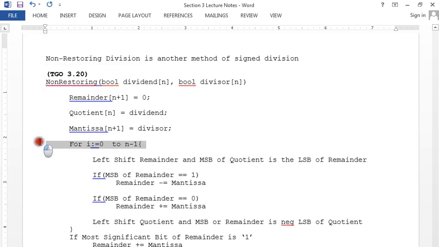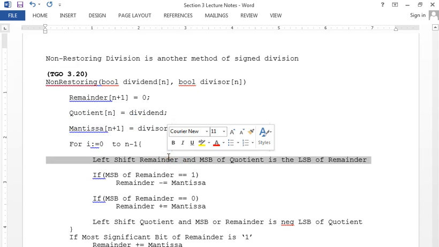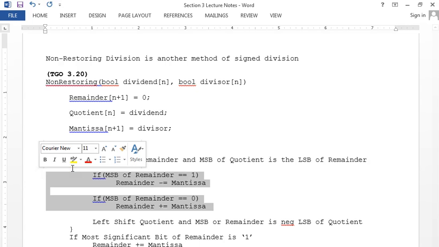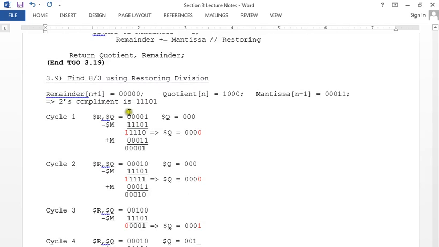Same number of loops. Same thing, we're going to left shift the remainder, and the most significant bit is the quotient. But instead of subtracting the mantissa every time, we're going to use that bit we popped off at the initial value. Remember back here, it was 0, 0, 0, 0, 0, and some 0 bit went away magically. For this algorithm, we're going to use that.